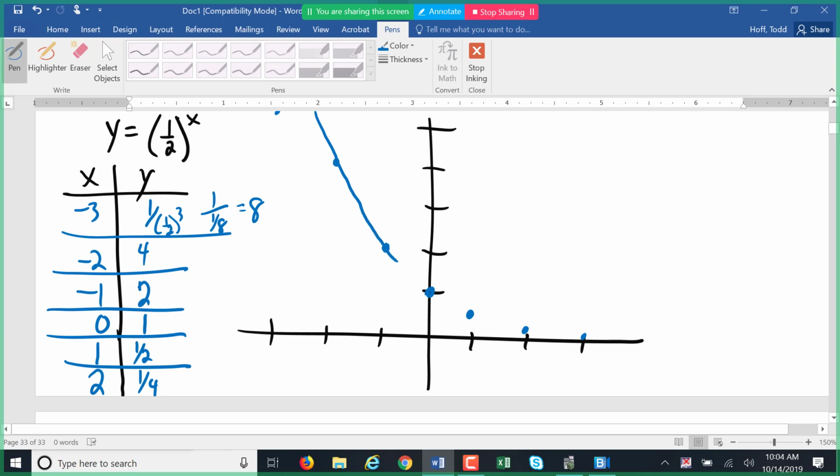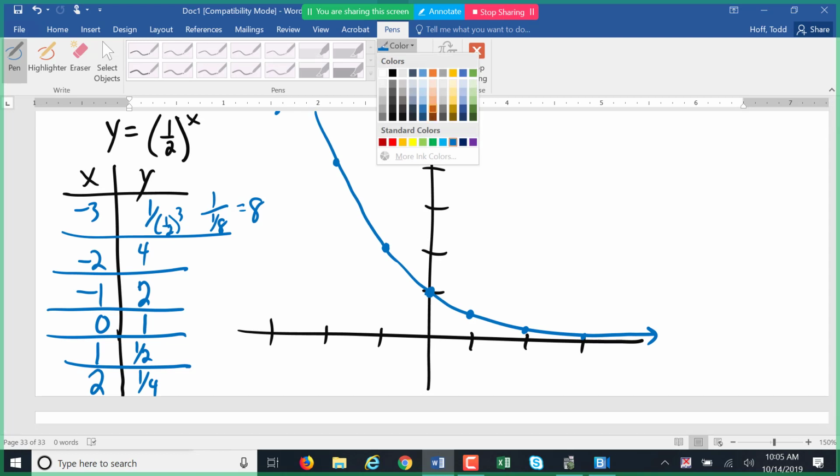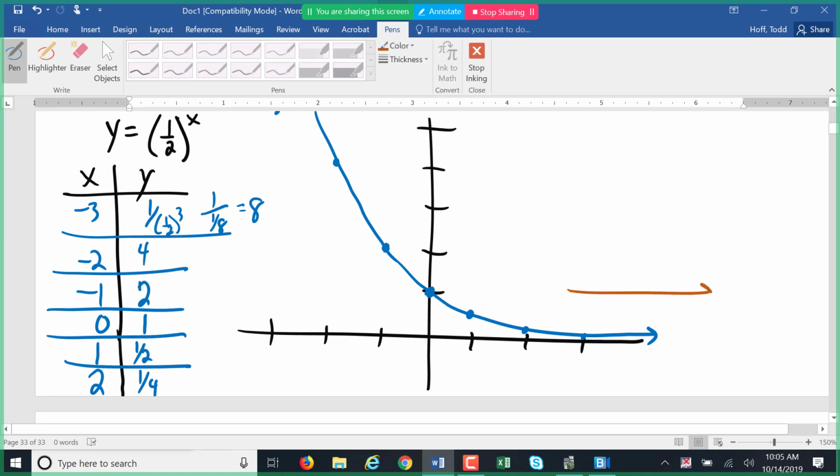So again, I get a curve that at 0 goes through the value of 1. As I go in one direction, in this case off to positive infinity, it approaches 0.